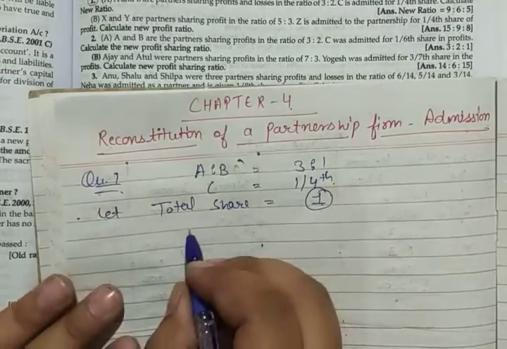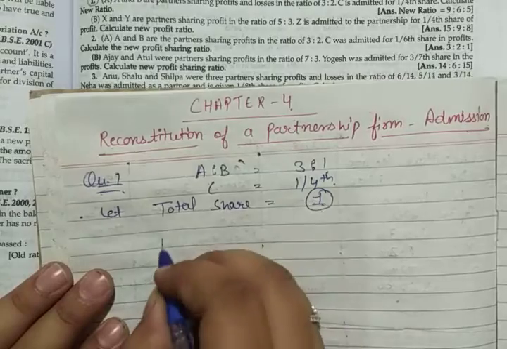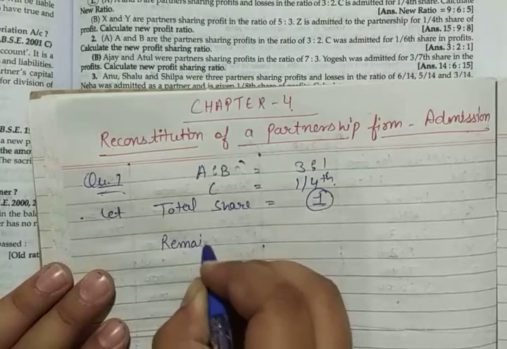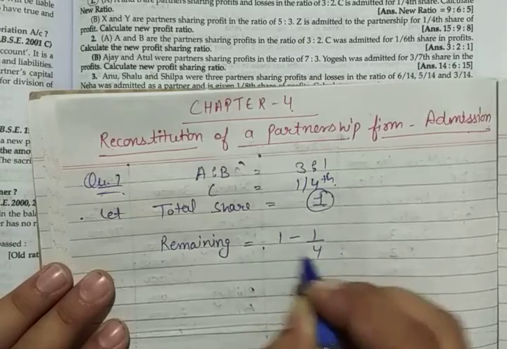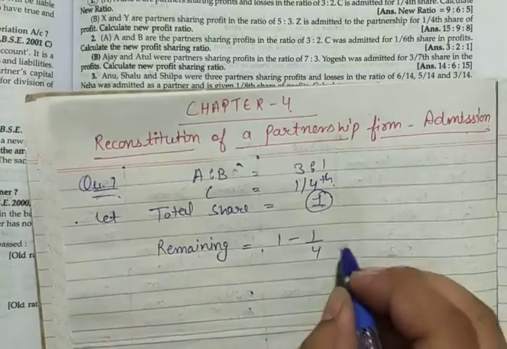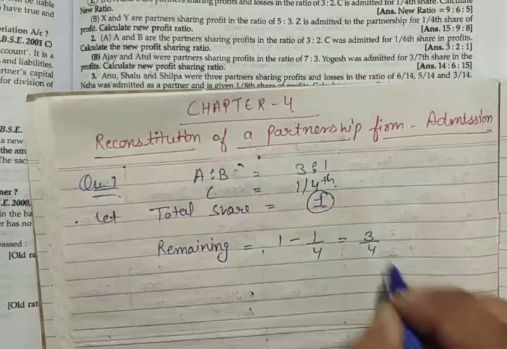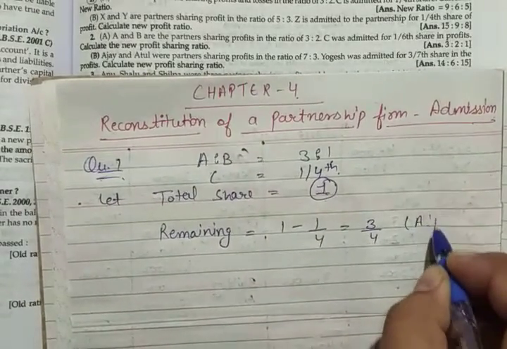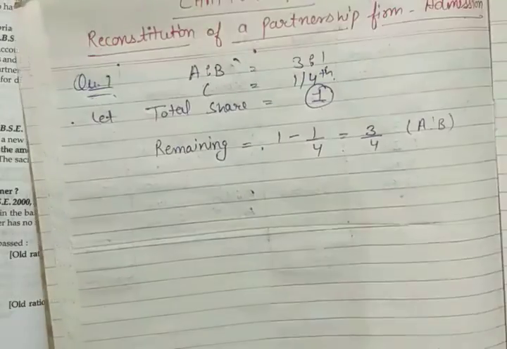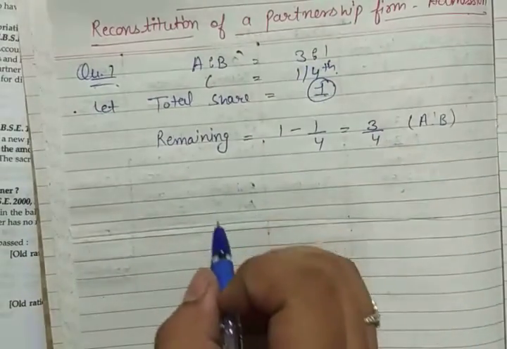Out of this 1, C's share is 1/4. So how much will be the remaining share? The remaining will be 1 minus 1/4, that is the whole share minus 1/4 part, which is 3/4 part. So this 3/4 part is to be given to A and B. In which ratio? We will distribute this in the remaining old ratio.